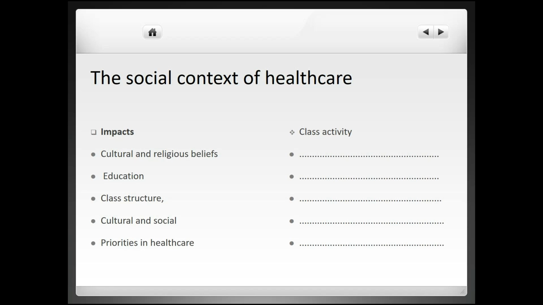So even the class structure, even though it's not pronounced in the UK, if you go to other parts of the world, it's very, very pronounced. And then we have cultural and social factors also impacting on health care delivery in the country.